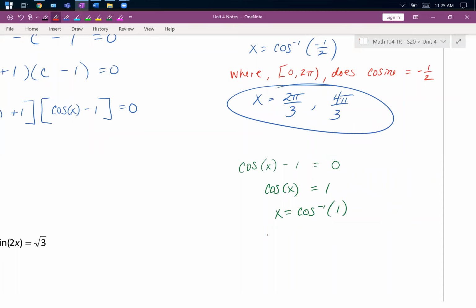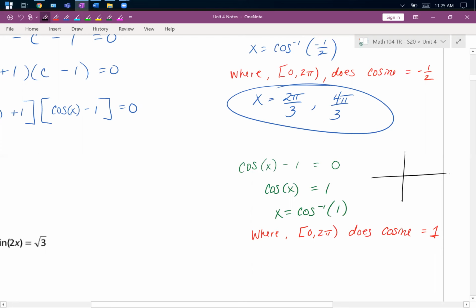So we want to know where from 0 to 2 pi is cosine equal 1. That only happens in one place. The only place that cosine is exactly 1 is right here.